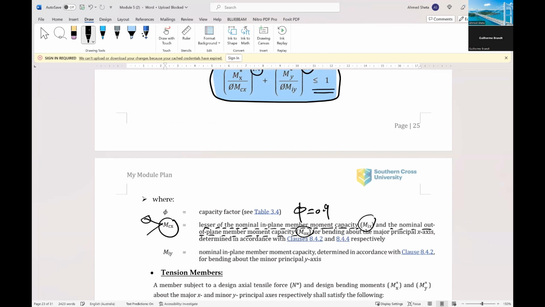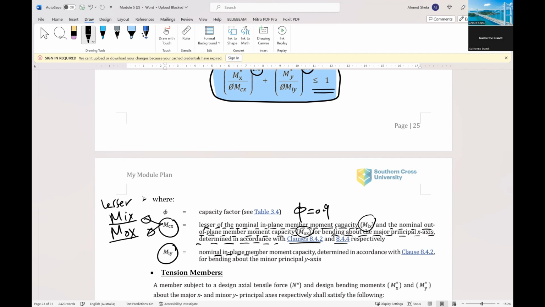So Mcx is one of Mix or Mox, the smallest, for bending about the major principal axis determined according to these two clauses.